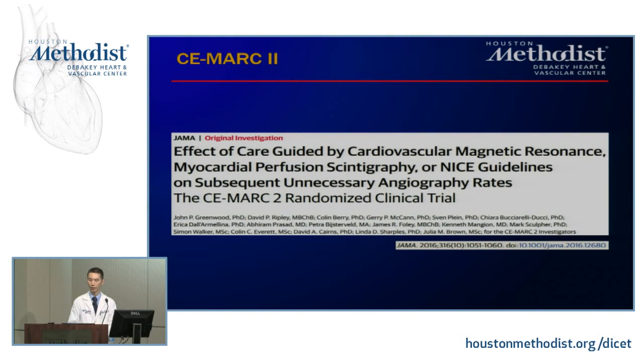CMARC 2 also occurred, and this was looking at a strategy of how to manage patients presenting with chest pain. They did it on a 1 to 2 to 2 ratio, comparing conservative management using the NICE guidelines versus myocardial perfusion stress testing versus cardiac MRI.